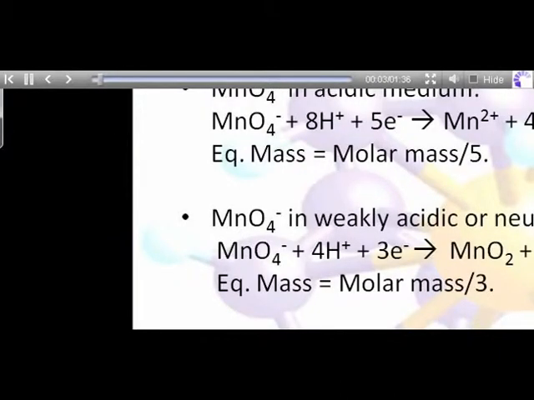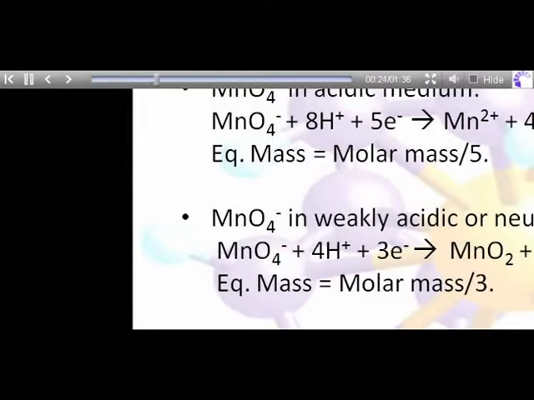Let us consider an example of how the equivalent mass of a substance becomes different with different reactions. Potassium permanganate, KMnO4, acts as an oxidizing agent in different manners depending upon the medium of the reaction.